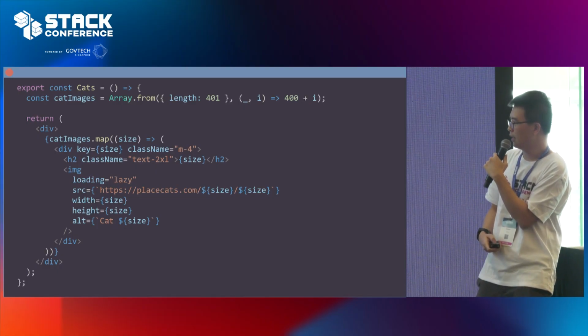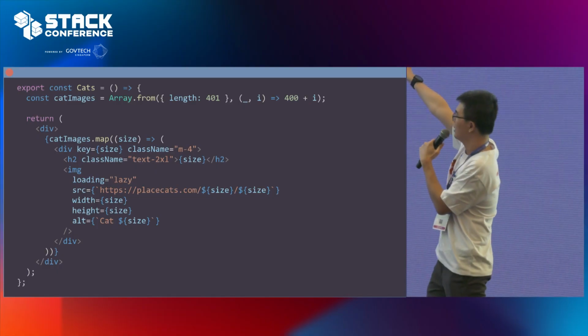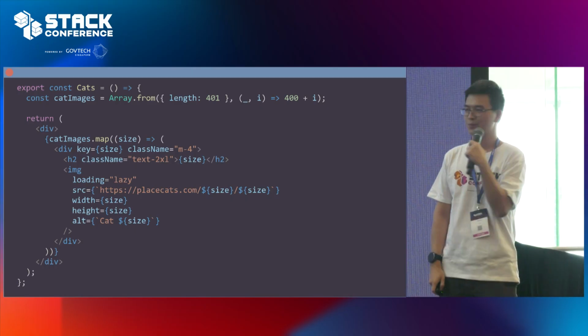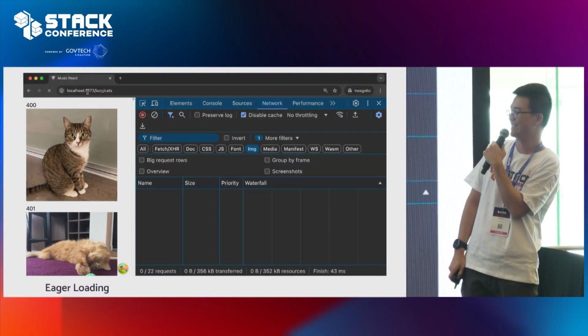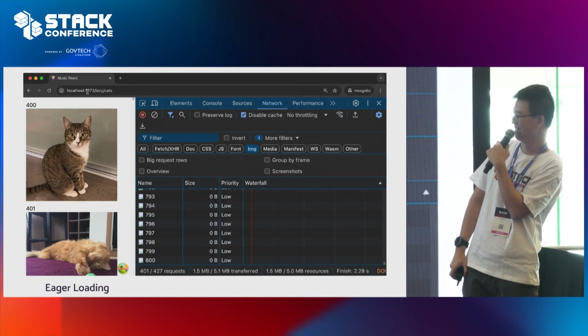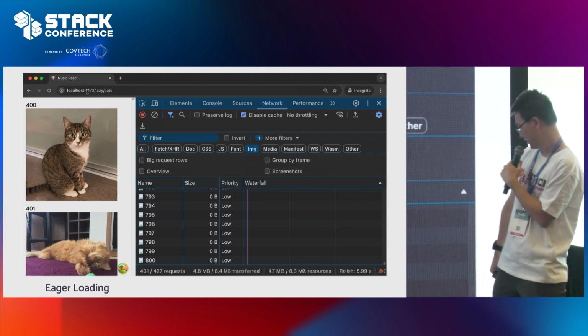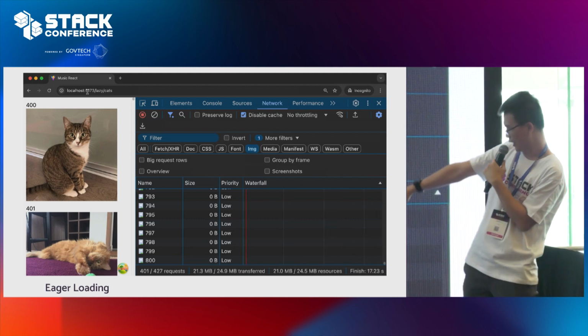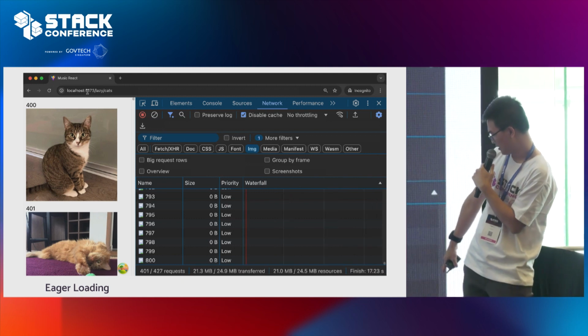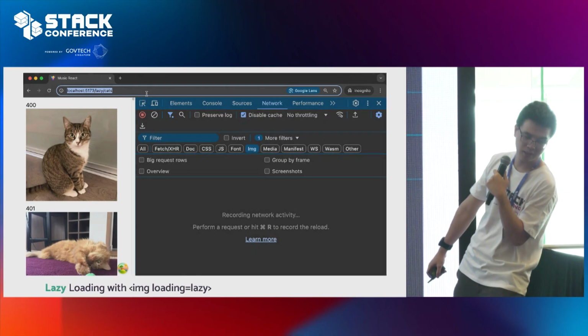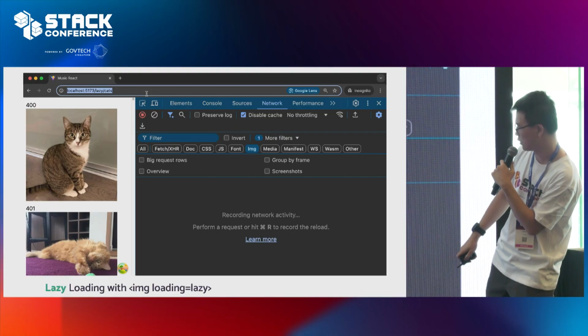So I am going to give you a very heavy demo using 400 images of a cat. Notice how it just keeps running. Somehow it's not transferring. Sorry, I think there's a glitch on the video somehow.